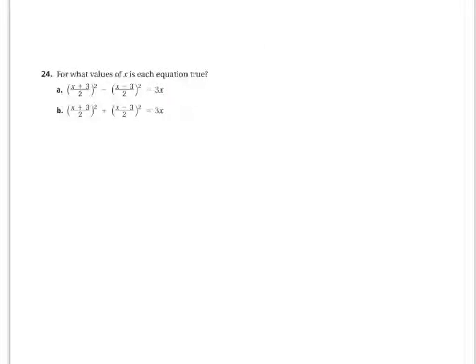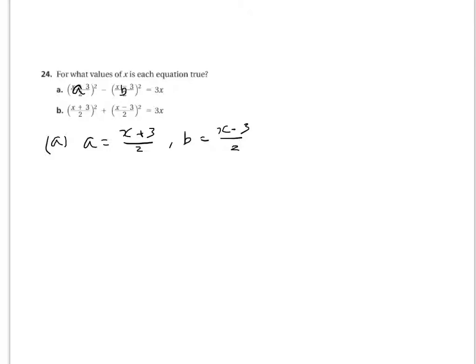There are some different ways to solve these problems, but I choose to expand first. Or we can let a be x plus 3 over 2 and let b be x minus 3 over 2. Then we can call this a and this b.